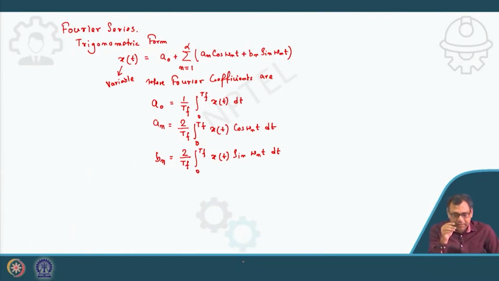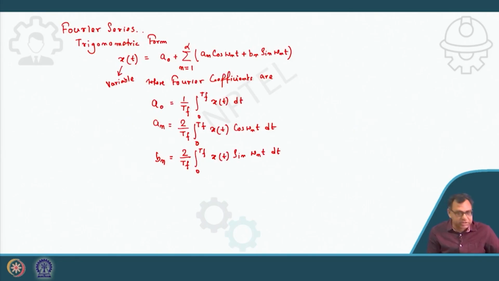So now this Fourier series can also be expressed in exponential form. I have discussed that harmonic motion can be expressed in trigonometric form and can be expressed in exponential form also.